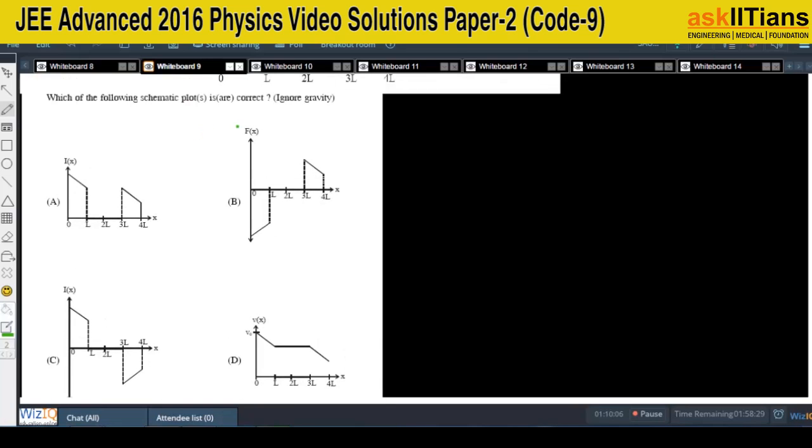According to the concept of motional EMF, the force experienced by a current carrying coil of length L is B into I into L, but here current is a function of x because the loop is entering, so we write BIL sin theta.